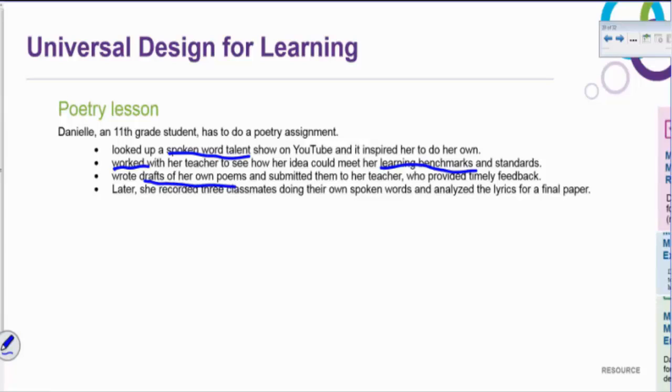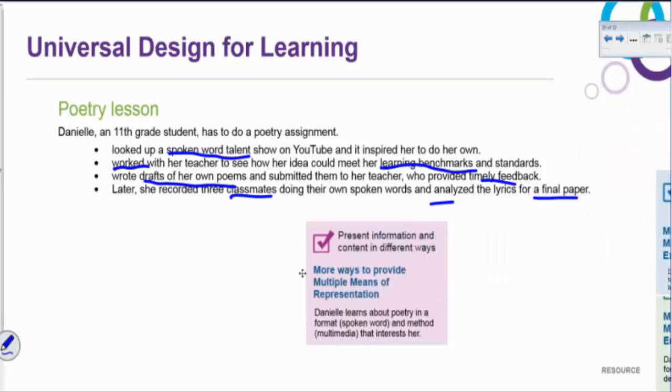She starts writing some drafts of poems, submits them to her teacher, and gets some feedback. She then records some classmates doing their own versions of spoken word, and she analyzes the classmates' work, and that then tweaks what she decides to do for her poem, and then she does the final paper that she decides on to demonstrate her learning of that poetry assignment.